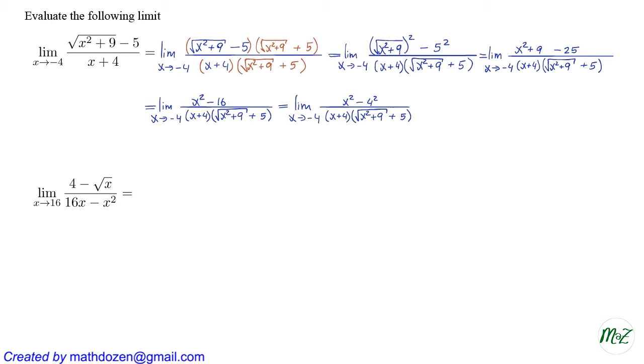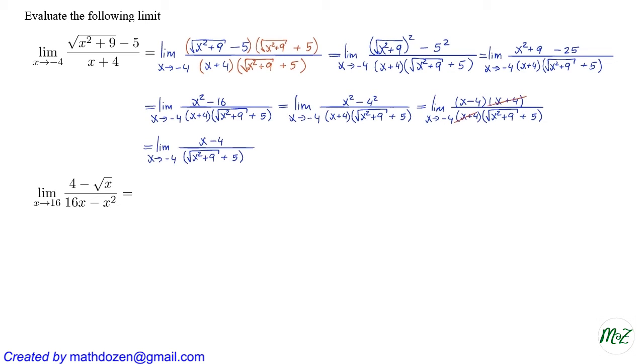And this x squared minus 16 is the same as x squared minus 4 squared. And we're going to go ahead and factor x squared minus 4 squared into x minus 4 times x plus 4. So once we get to this stage, we get to cancel x plus 4.